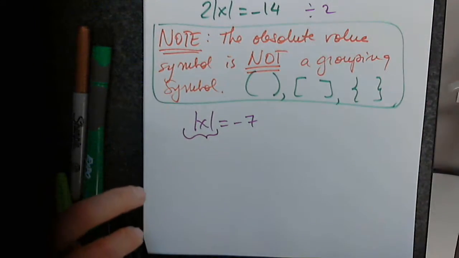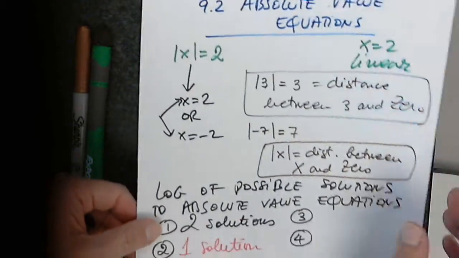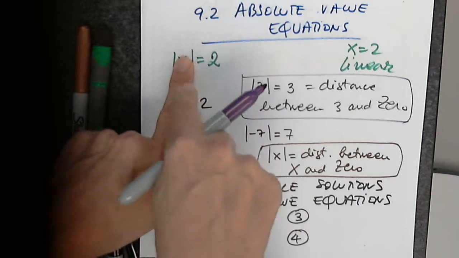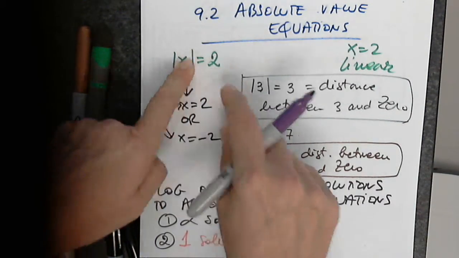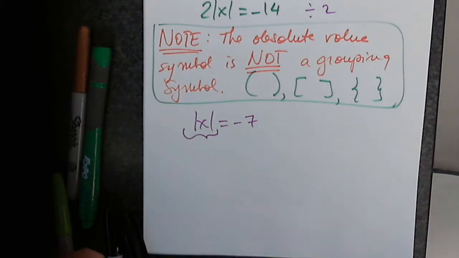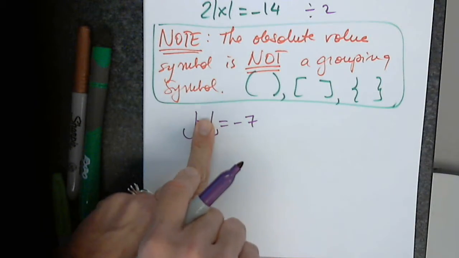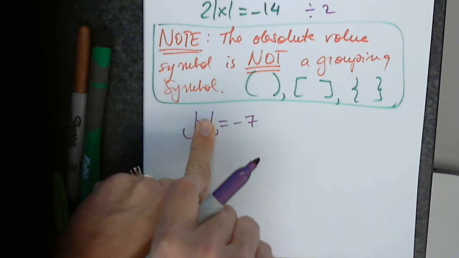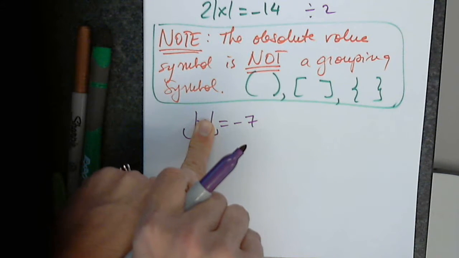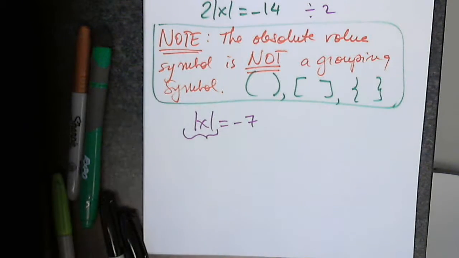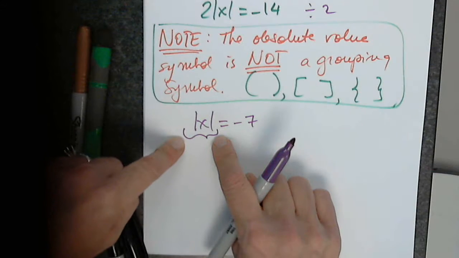So remember what we said. Let's go back for a second. We said I need to find numbers whose distance from 0 is 2. Now I'm asking you, I need to find numbers whose distance from 0 is -7 units. What type of number is this?